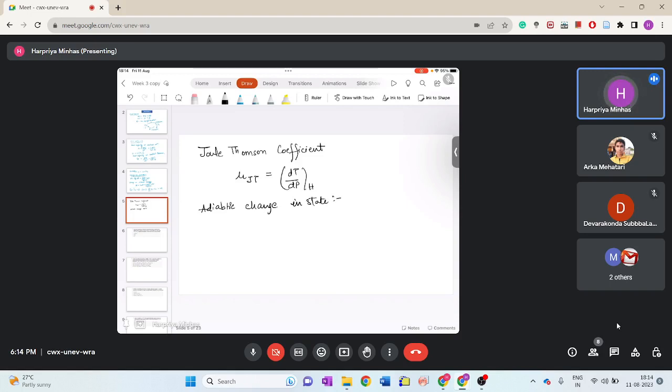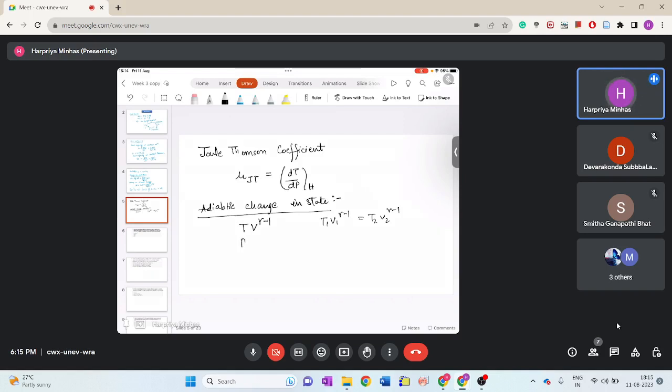From here we get the three main equations which show the relation between pressure, volume and temperature, and volume and pressure. These are the equations for the adiabatic change. The first is temperature into volume to the power gamma minus 1, so we can use it as T1 V1^(γ-1) equals T2 V2^(γ-1). From here we can find the unknown quantities which are being asked.